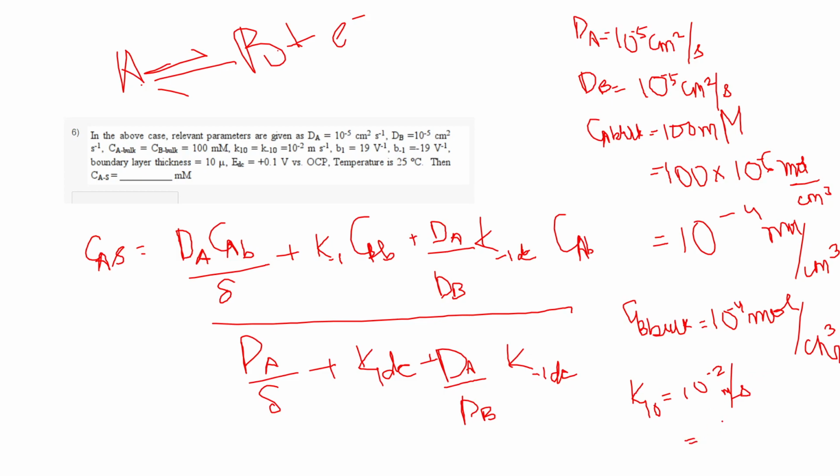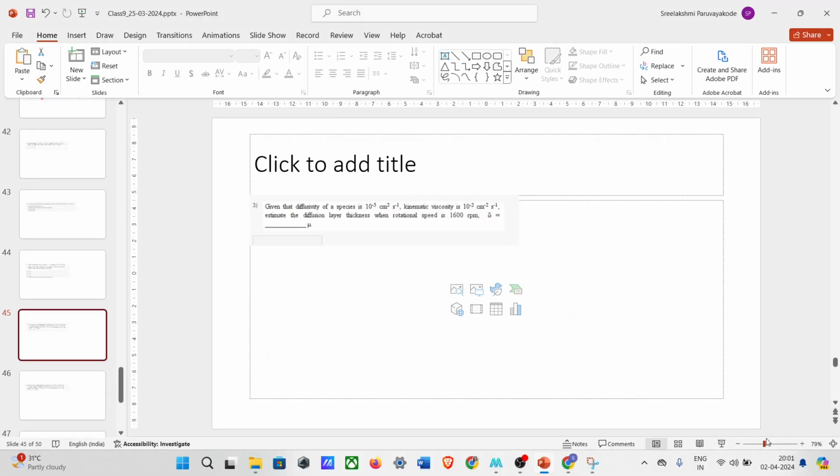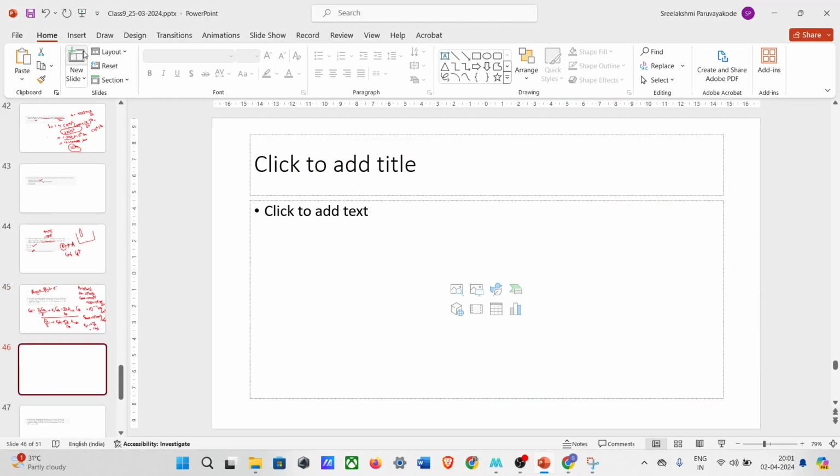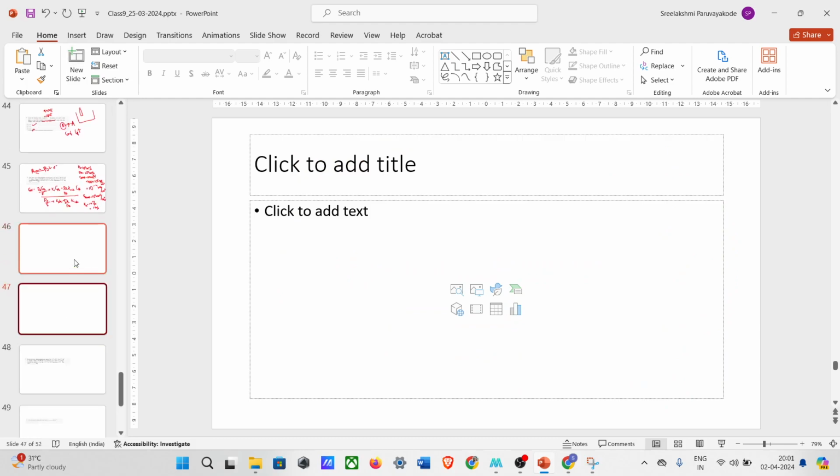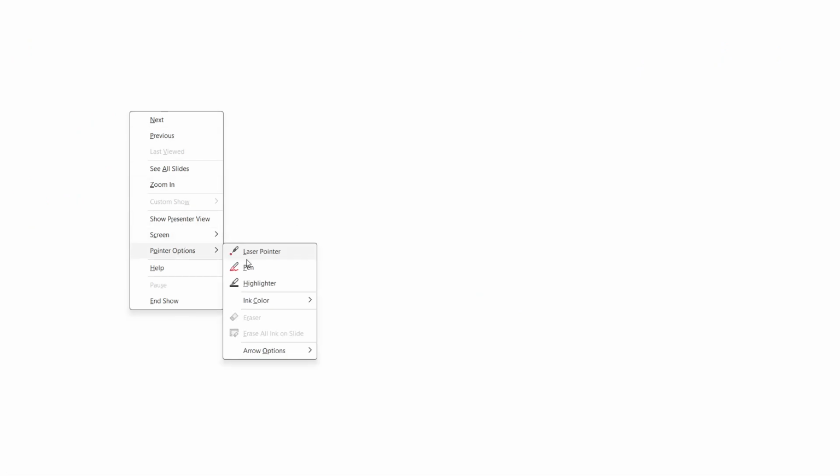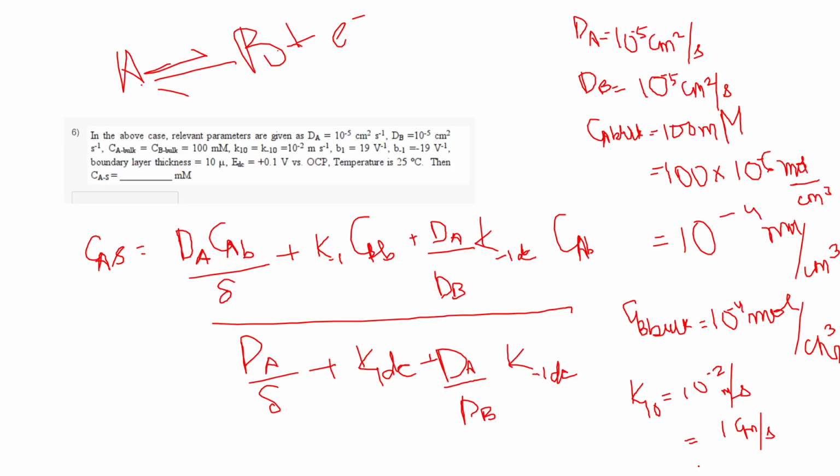So into 10 to the power 2, if I am converting it into centimeter per second. So again, k minus 1 0 will also be 1 centimeter per second. I'll write it in the same thing so that you can substitute and find out. So dA, dB, CA bulk, CB bulk, K1 0, K minus 1 0.